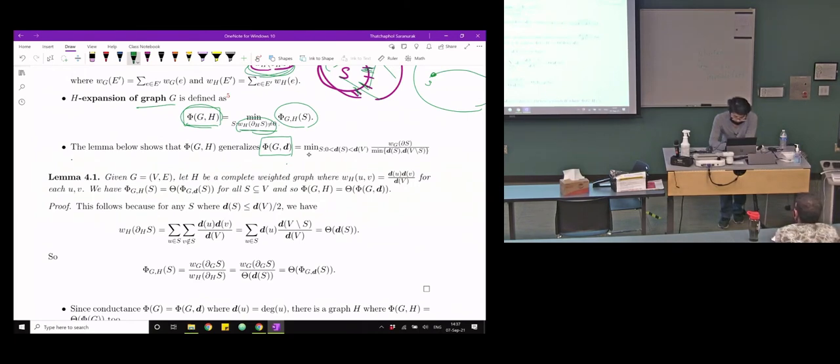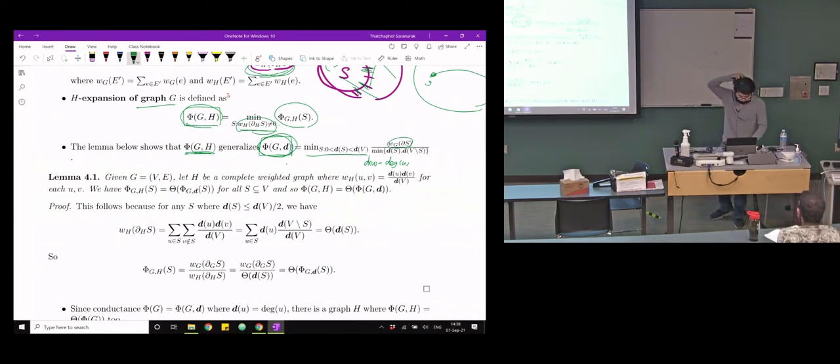So this is minimizing over all cuts, the size of the cut over the total demand in S. And recall that if D of U is the degree of U, then this is exactly conductance, right? So I defined last time the D expansion of a graph. And now I want to show that this thing, H expansion, even generalizes D expansion.